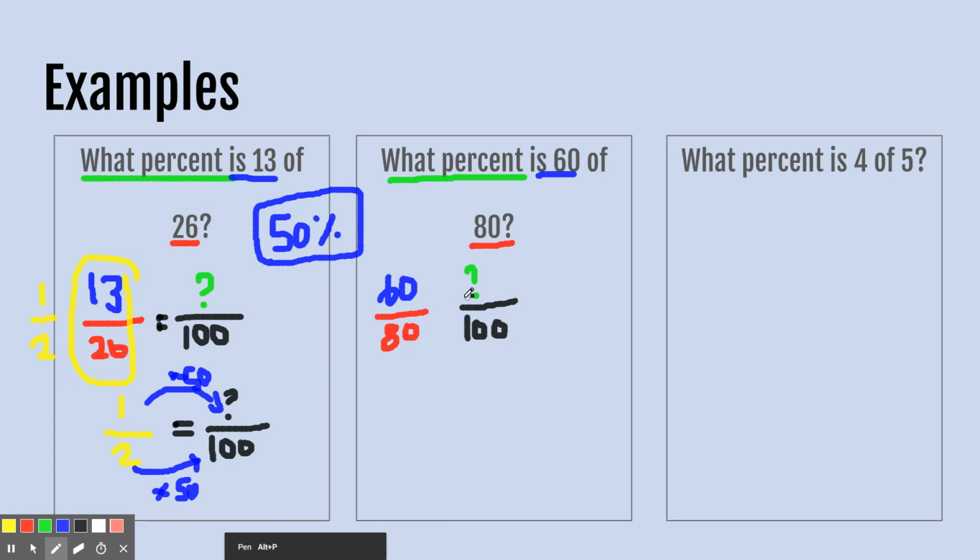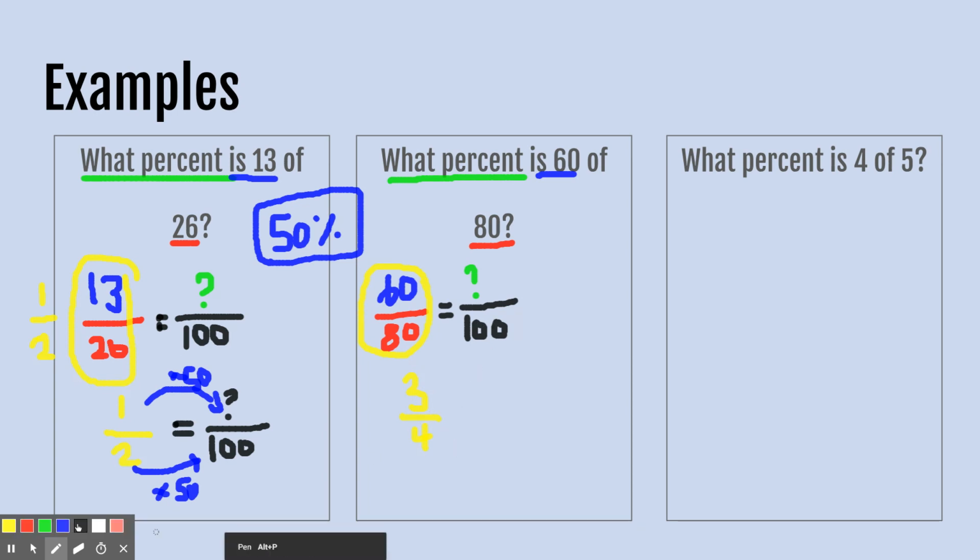Right now, 60 to 80, I can't really go from 80 to 100 by multiplying, so I would probably want to simplify this down. If I simplify by 10, I get 6/8. If I simplify by 20, I would get 3/4. Let's go with that one, because 8 cannot get me to 100 by multiplying, but 4 can.